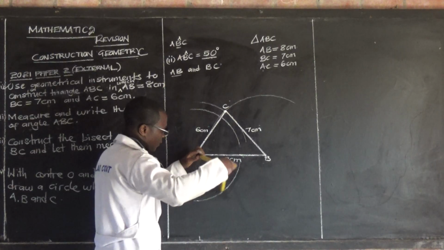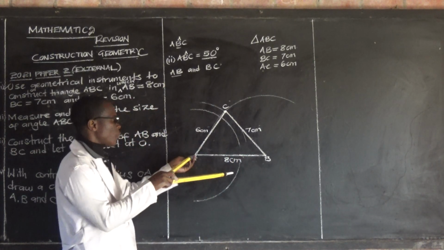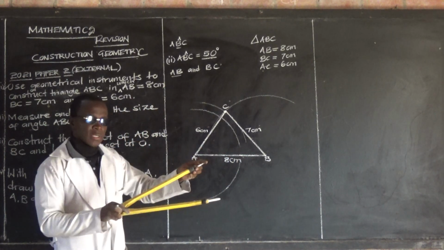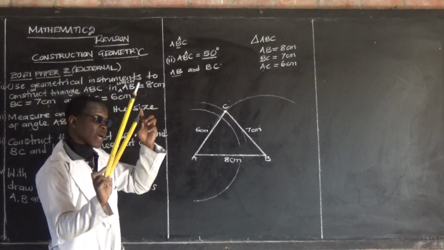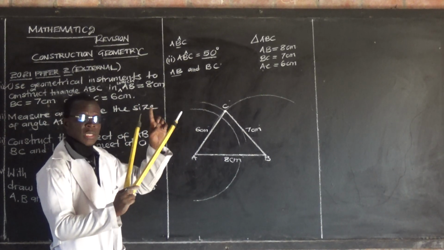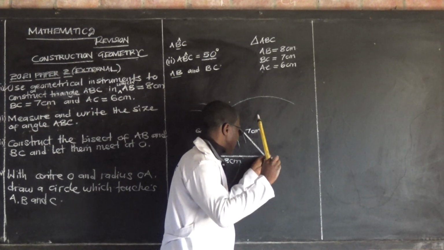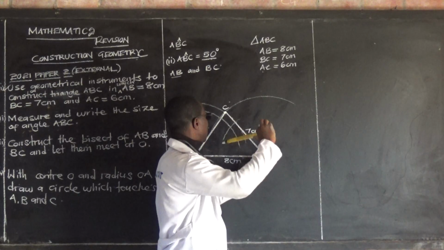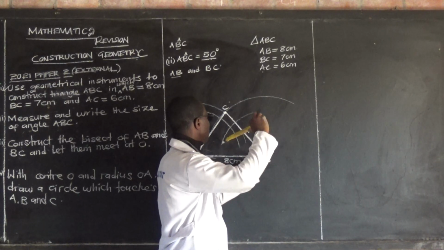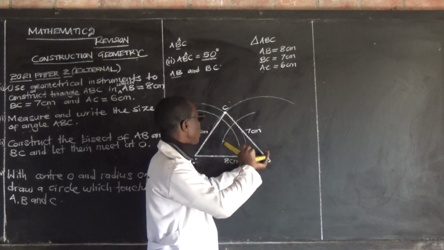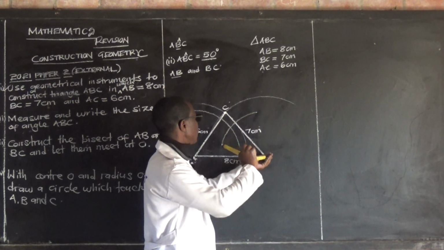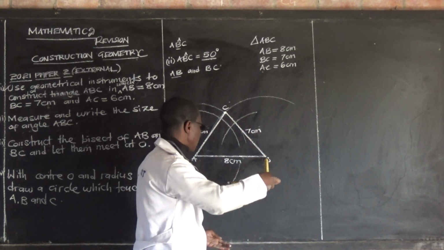You do the same. Now you put your pointer at B, without changing the dimension of the compass. Strike an arc so that the two arcs can intersect. Are you able to see? You also do the same on the downward side.